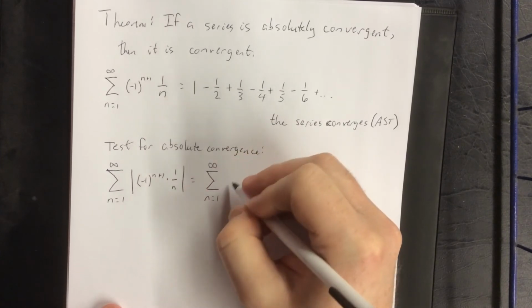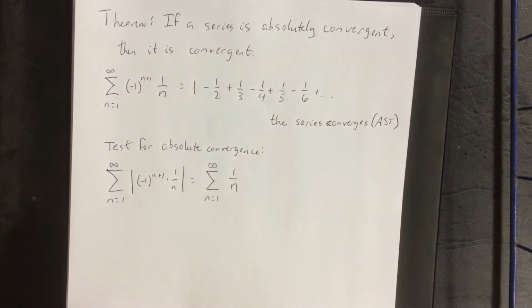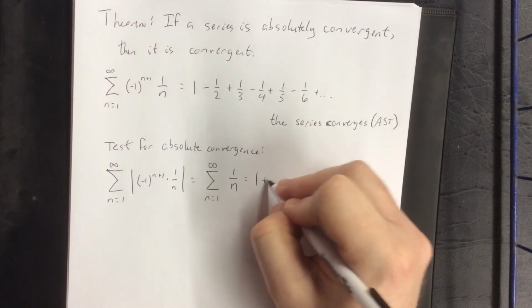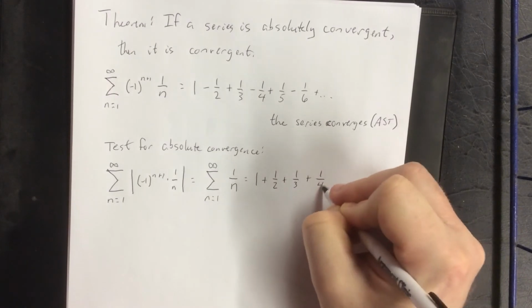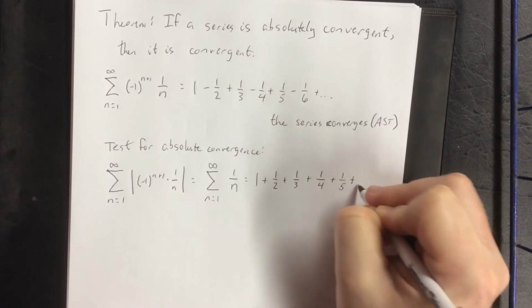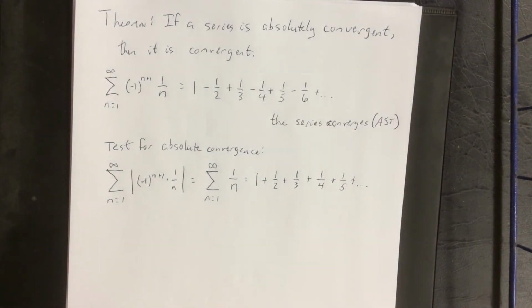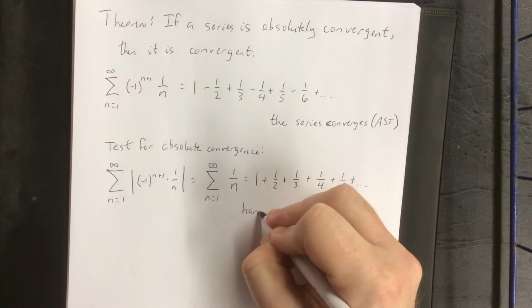What an absolute value does is it says if it's negative, make it positive, and if it's positive, leave it alone. So the idea behind absolute convergence is we're simply taking away the alternating part of the series. You'll recognize that applying the absolute convergence test to the alternating harmonic series gives us simply the harmonic series.